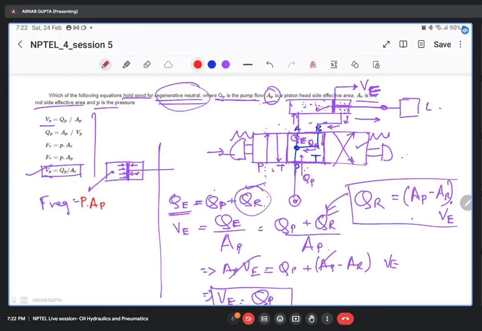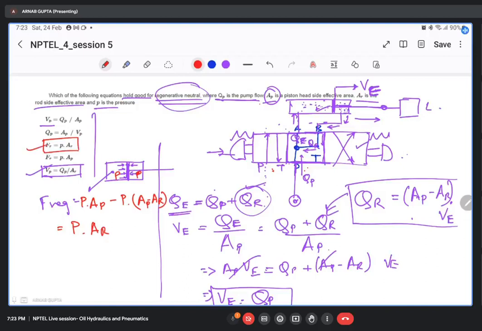Under the neutral condition, the pressure on both sides will be the same, minus P into AP minus AR. Pressure multiplied by area is force. So what did you get? We get P into AR. This is your correct option.